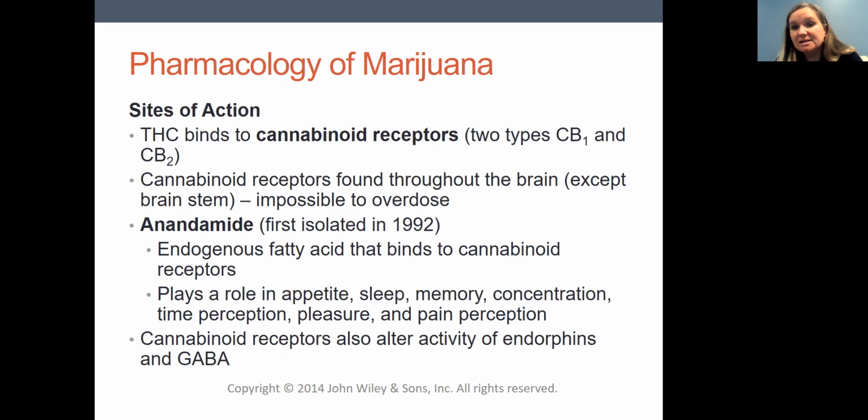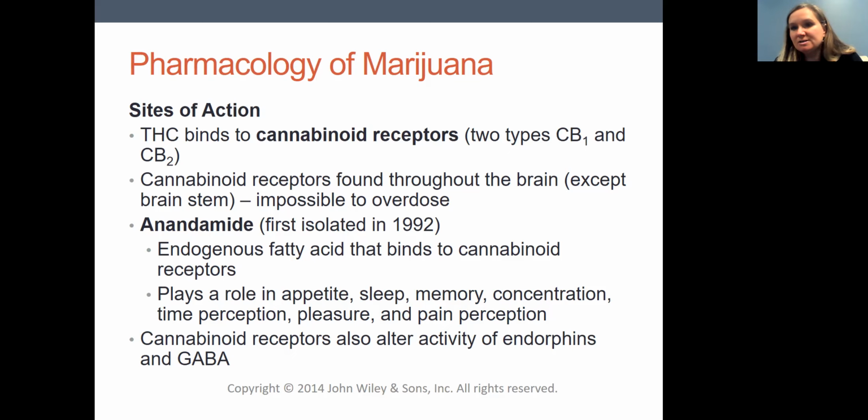Anandamide was first isolated in 1992. So a lot of the research is really new, which is kind of an exciting area to understand how these cannabinoid receptors are working in the brain, what anandamide is doing. The more research that comes out is just escalating every year.